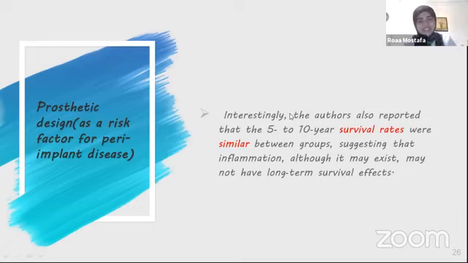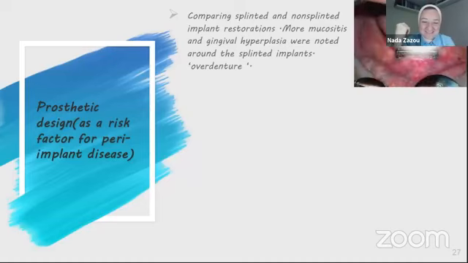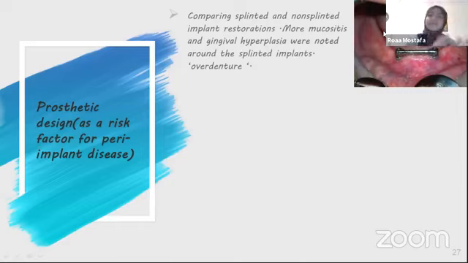Okay, going back to the prosthetic design. Splinted and non-splinted restoration. For splinted restoration, we are specifically talking about overdentures, and the design of the overdenture.